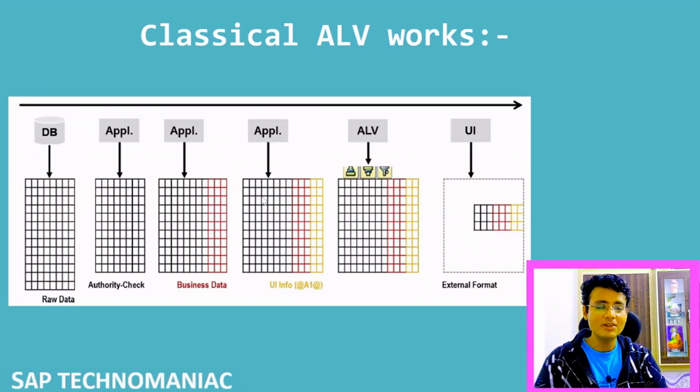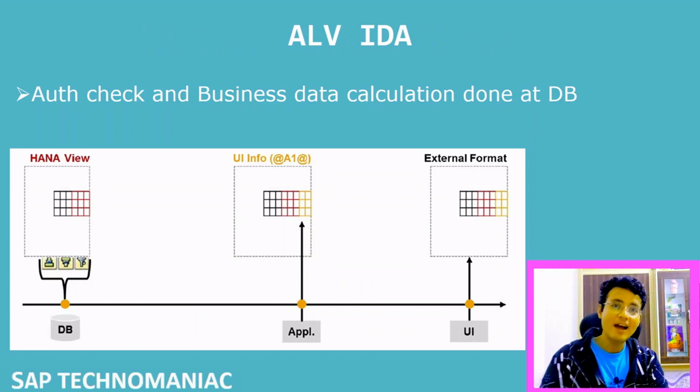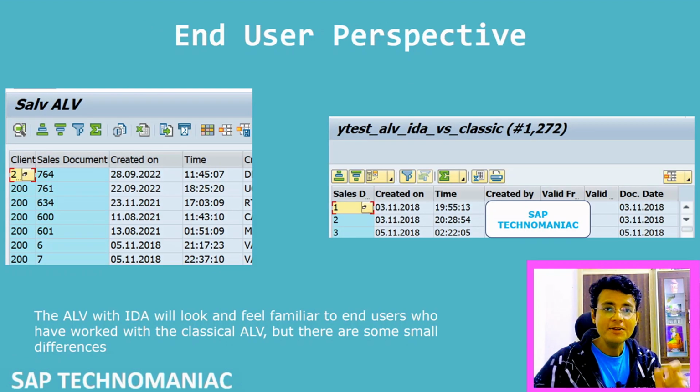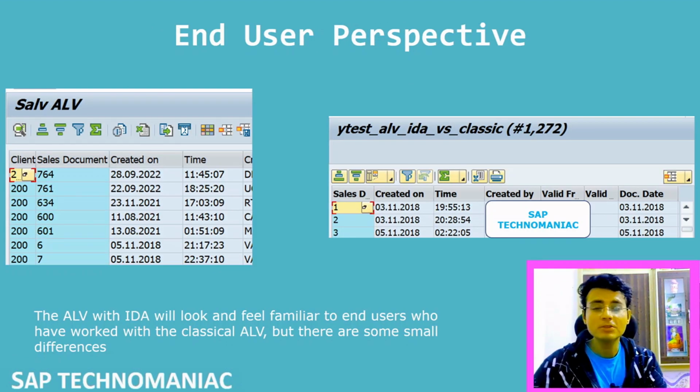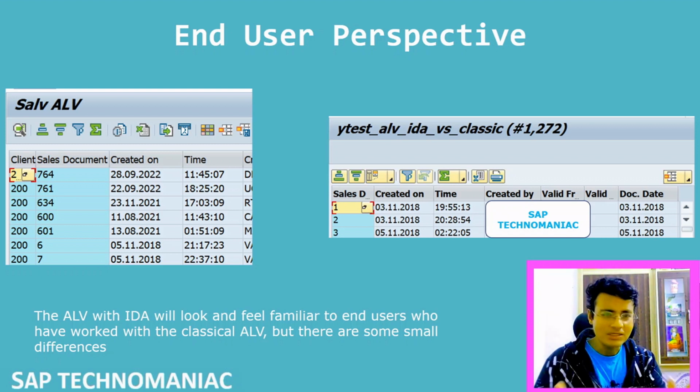Now, how does the picture change when we move from classical ALV to ALV with IDA? From the end user perspective, whether I use classical ALV, SALV or GUI grid display, or ALV with IDA, there is not much difference. We have fewer buttons, and one corner button where we can change the layout.